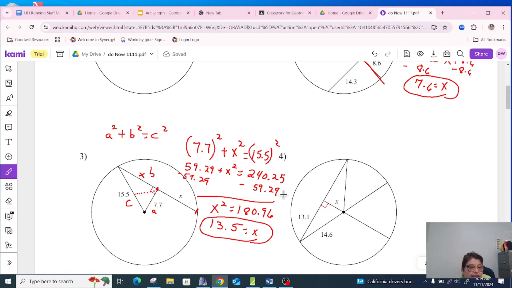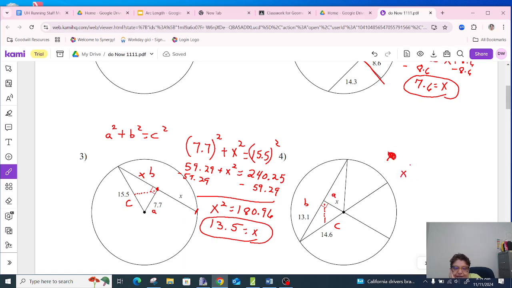No. And that's when you know you would have to use a squared plus b squared equals c squared. So this next one, you would do the same way. I would label my hypotenuse, and then this would be a, and this would be b.